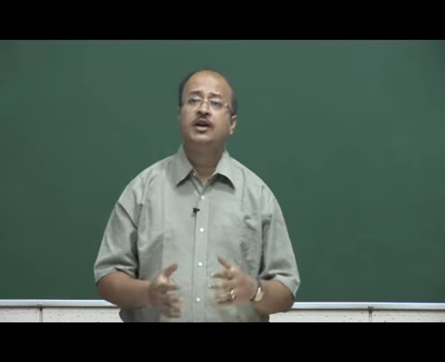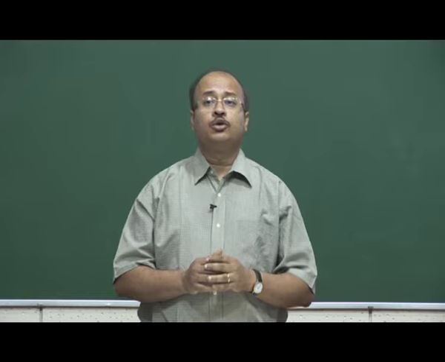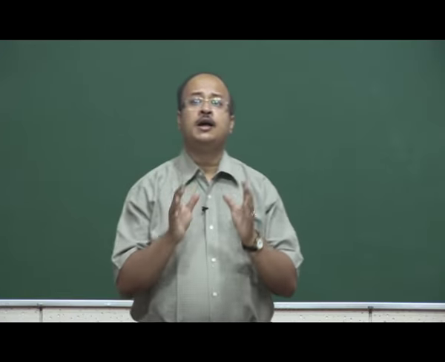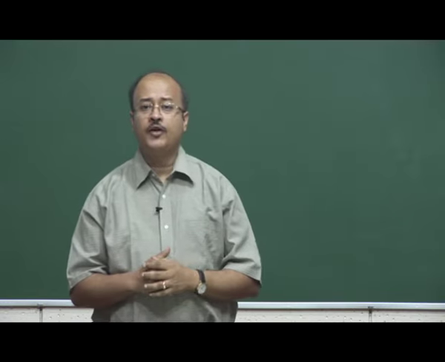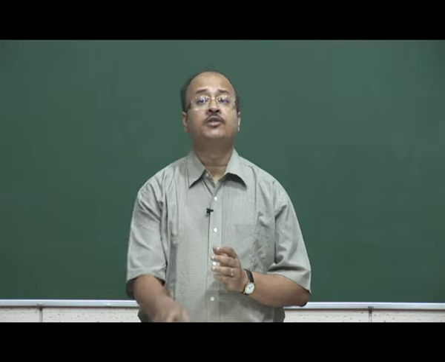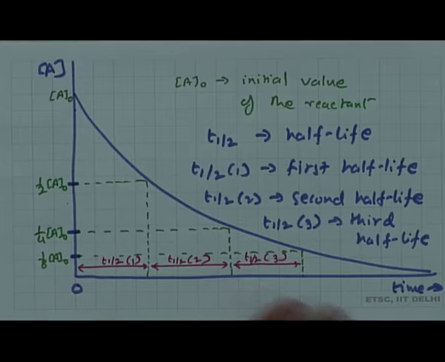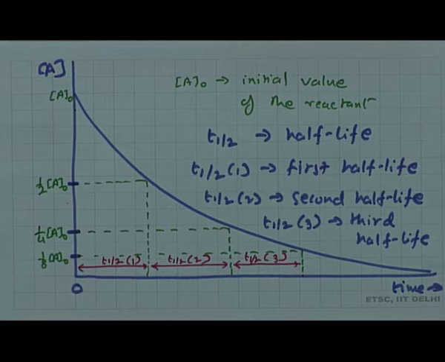So, given the starting reactant concentration and the manner in which it decreases as a function of time, we will be able to figure out from this experimental curve what my half life would be.